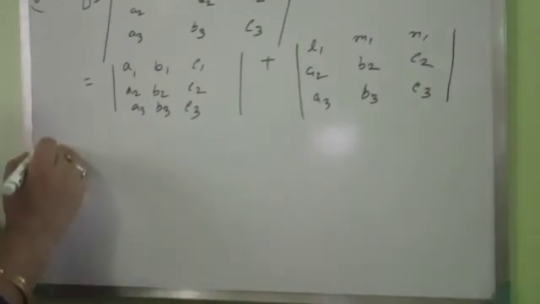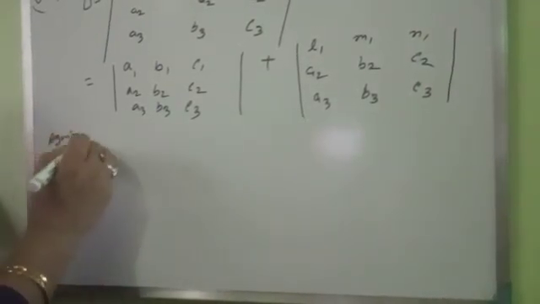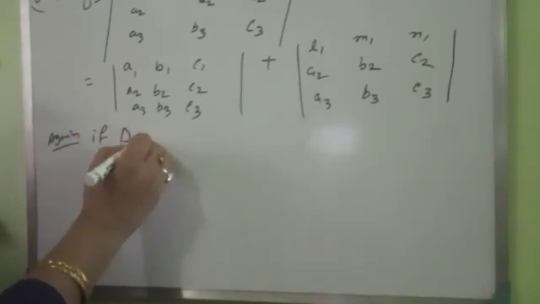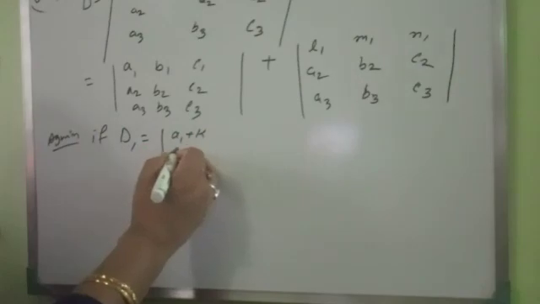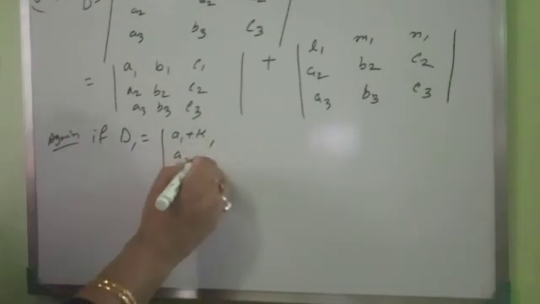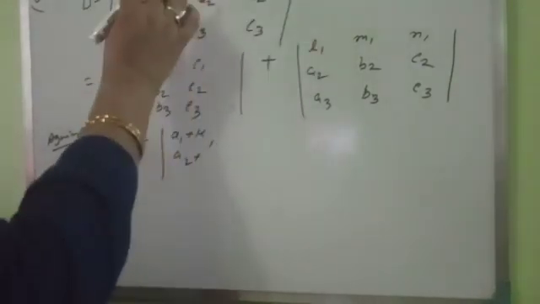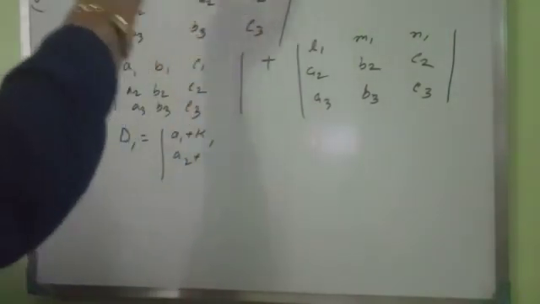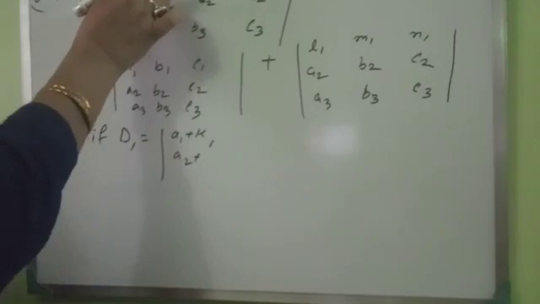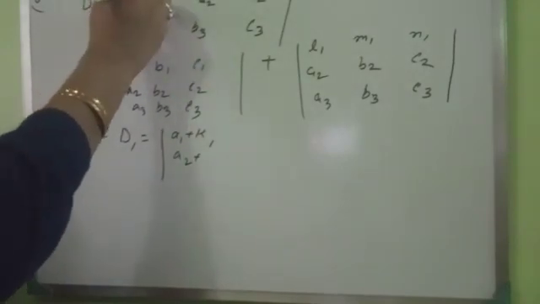Again, say another determinant. This is K1, this is the first row, each term is added to another term.